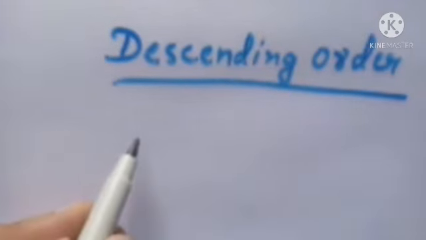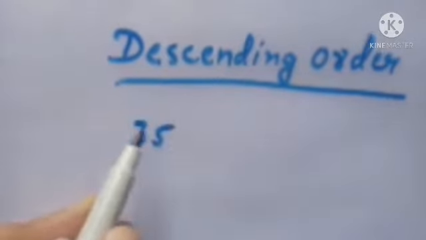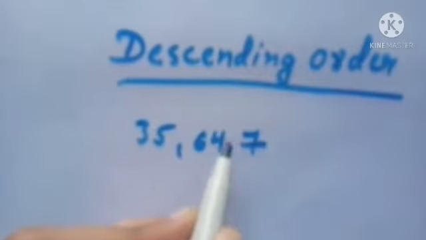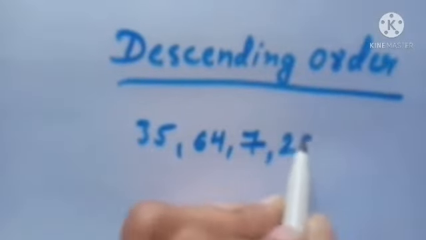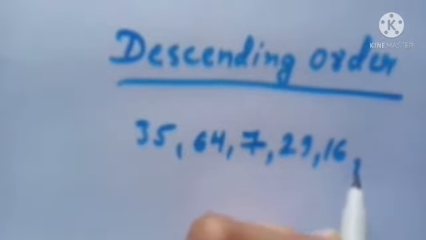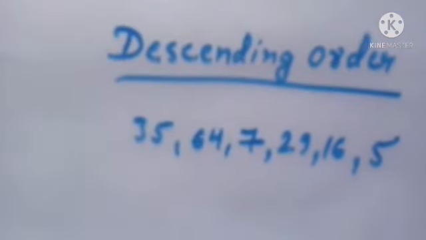So, now let's arrange these numbers in descending order. If there are 35, 64, 7, 29, 16 and 5. Okay.